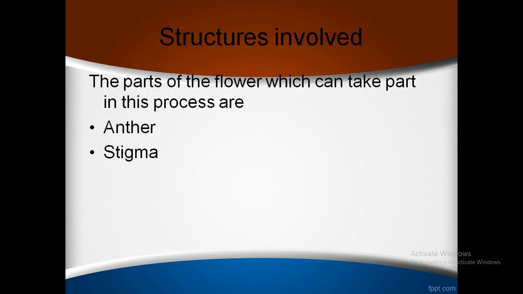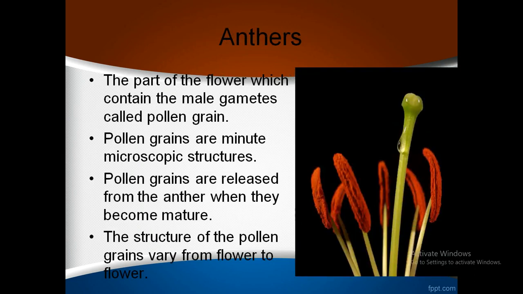The structures of a flower which are involved in the process of pollination are anthers, which is the male part of the flower, and stigma, which is the female part of the flower. Anthers. In this diagram or picture, you can see the brick red colored structures. They are all anthers. Inside these anthers there are pollen grains.